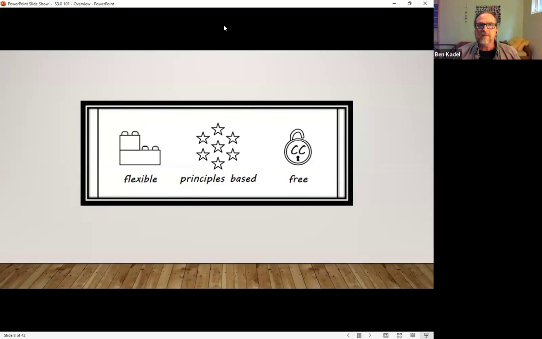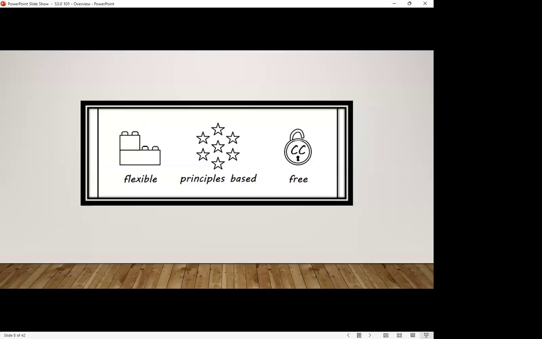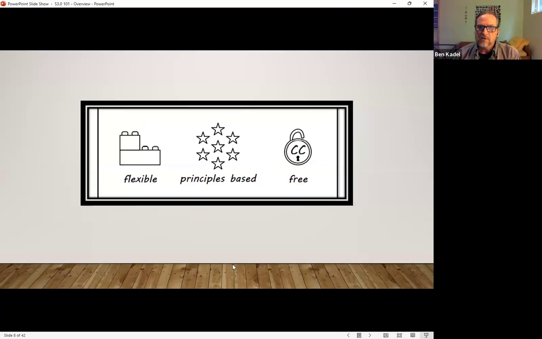So some of the things that are appealing about sociocracy, and especially Sociocracy 3.0, first and foremost, think about sociocracy as a toolkit. So it's very flexible, it's very adaptable, it's not a one size fits all. It can morph to meet your needs, and that's actually how it's designed.